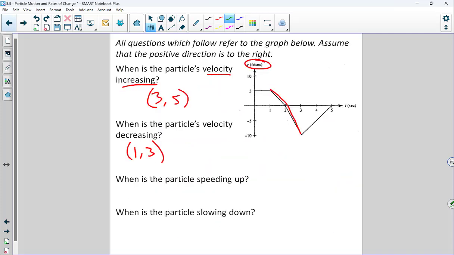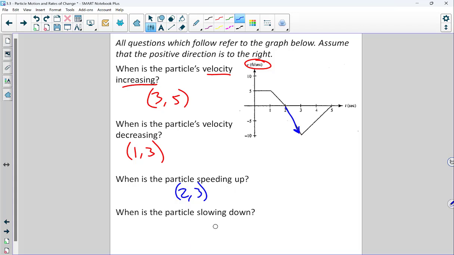So going back to this, when is the particle speeding up? The particle is speeding up anytime the velocity and acceleration agree, or if you're looking at a graph, if we're moving away from 0. So here I'm moving away from 0, and that would be from 2 to 3. Notice that the velocity is negative and the acceleration is negative because it's pointing down, so velocity and acceleration agree.